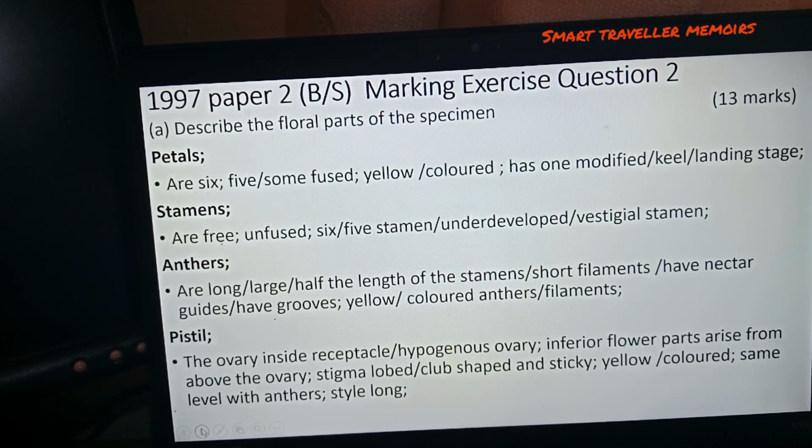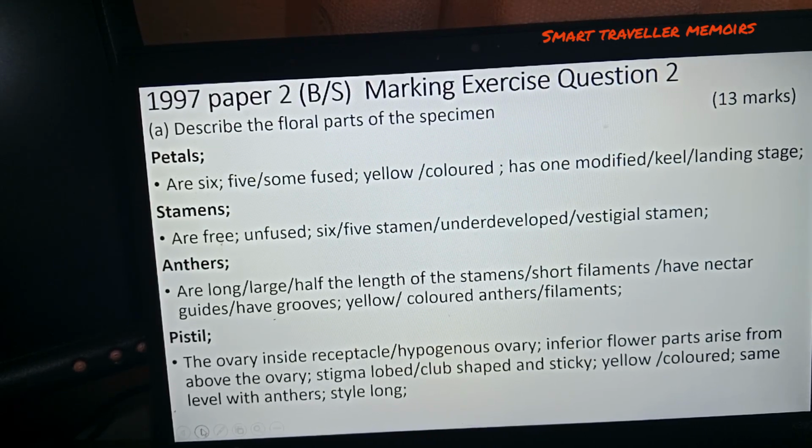Stamens, notice that the semicolons are the marks, are 3 fused, there are 6 or 5 stamens, and a developed vestigial stamen. Anthers are long or orange, have the length of the stamens, short filaments, have nectar guides, stroke, half grooves. All those ones, you give 1 mark. Yellow colored anthers or filaments, you get another mark.